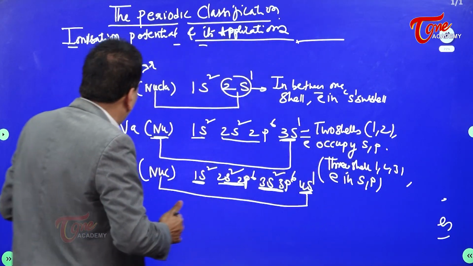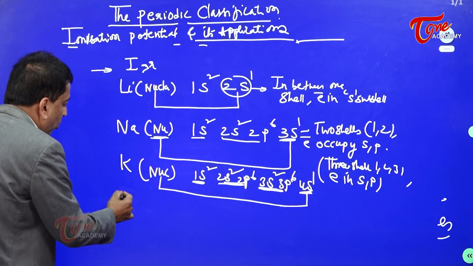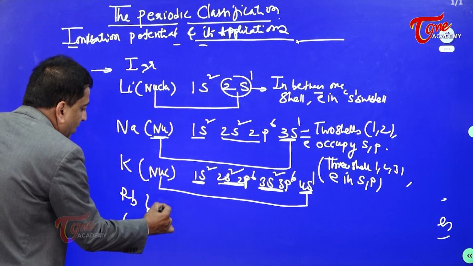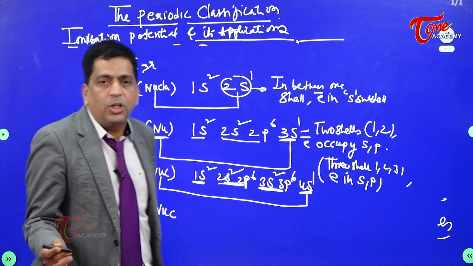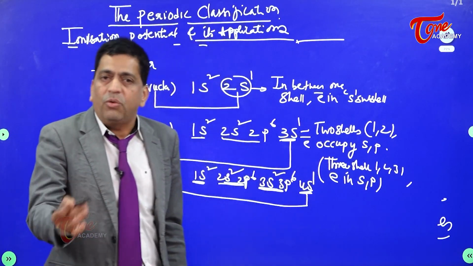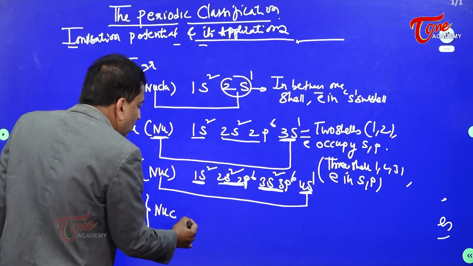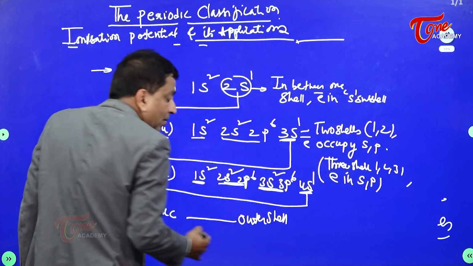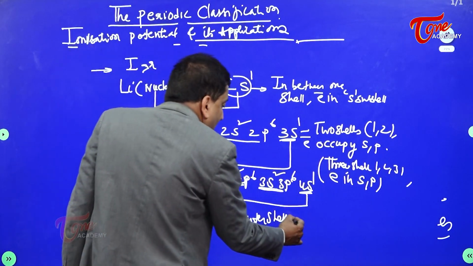And if that is the case, down the group, for even rubidium and cesium, now what happens between the nucleus and the outer shell? Number of shells increase, no doubt.